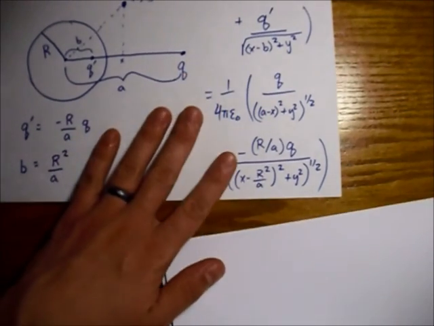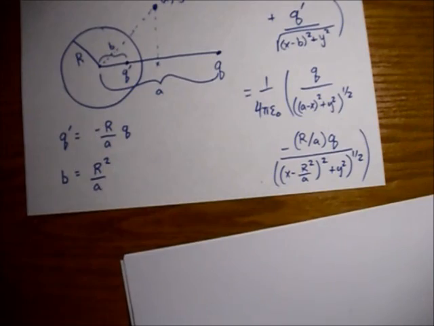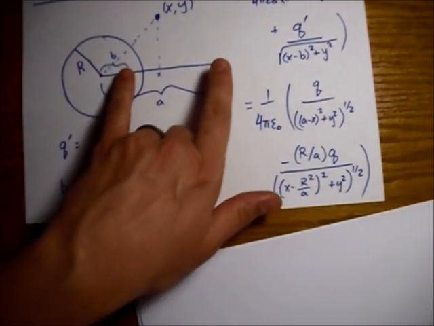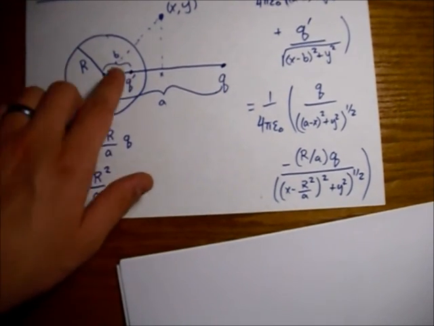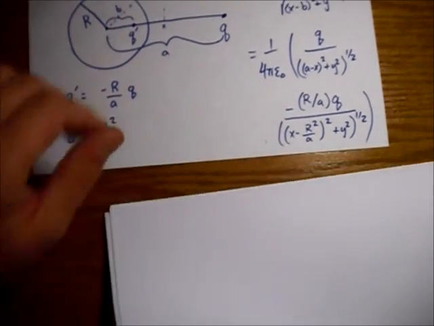So far what we've done is really general, right? This could describe the potential due to these two charges, the image charge and the actual charge, anywhere.